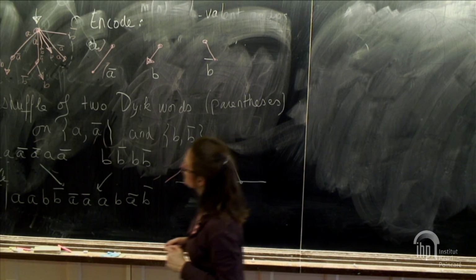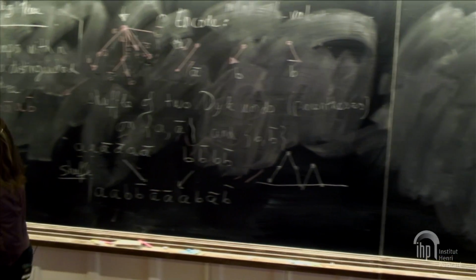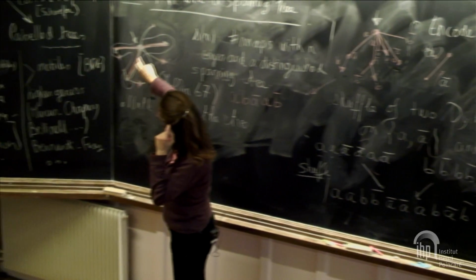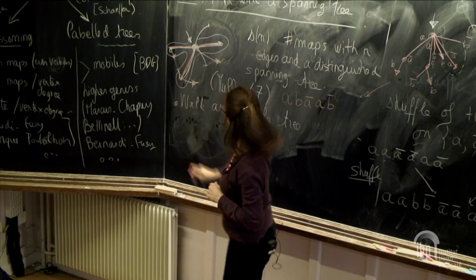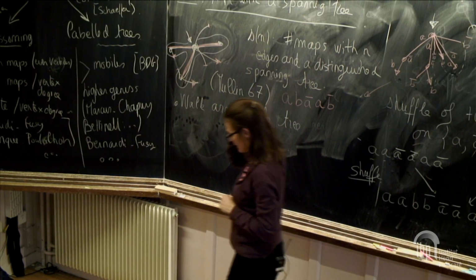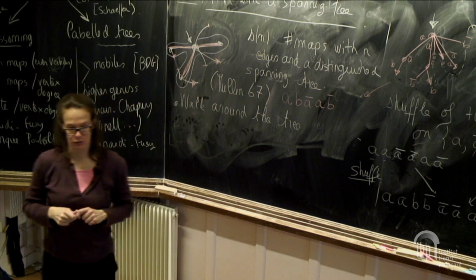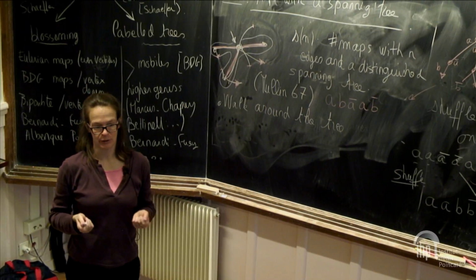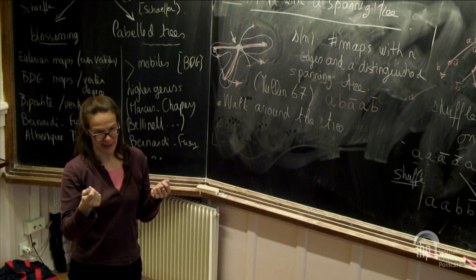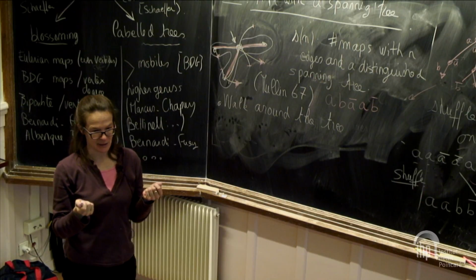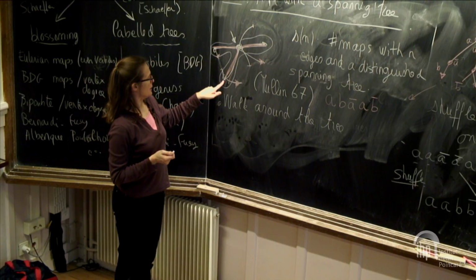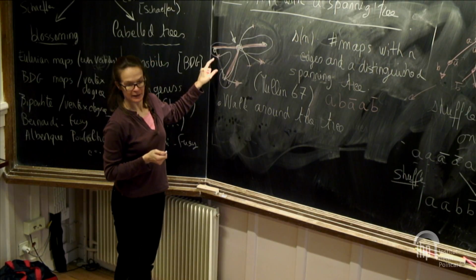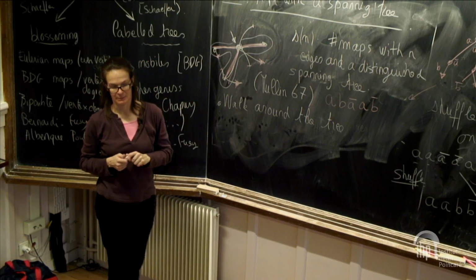There's as many A's as edges in the spanning tree, and the B's as edges that are not in the spanning tree. So every edge in the tree, I will have an A, and in fact an A bar the second time I visit it. And for every edge that I cut, I have a B and a B bar, a bud and a leaf.